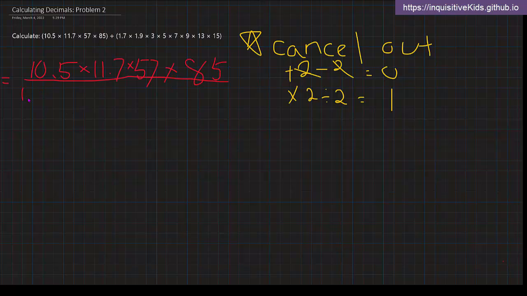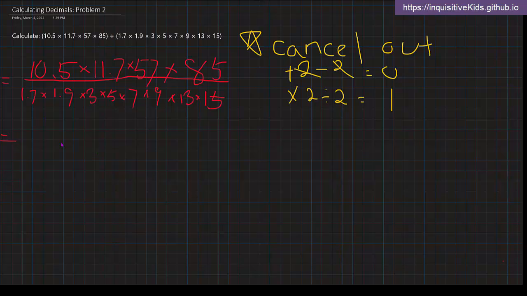And down here we have 1.7 times 1.9 times 3 times 5 times 7 times 9 times 13 times 15. So now it's much friendlier to look at because we know we're just trying to simplify this fraction.